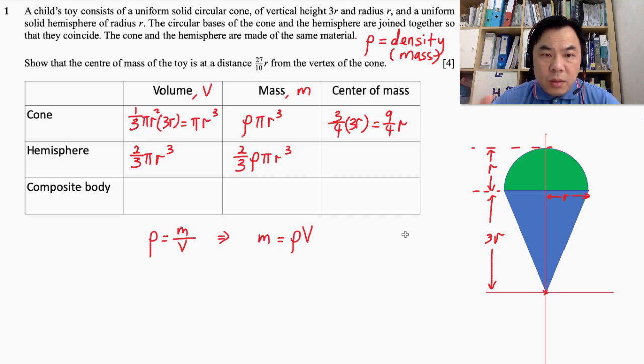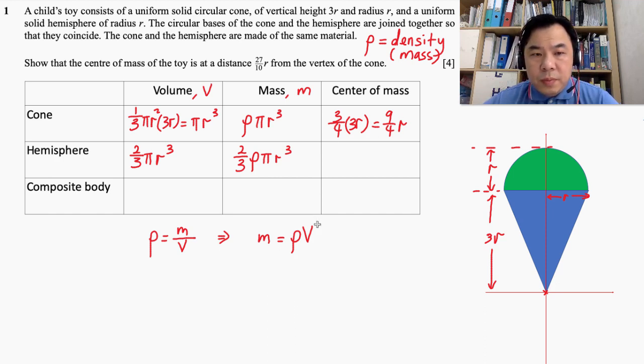All right, let's go back to the MF19 again. We are going to refer to the same section again. Now you can see that the center of mass of the hemisphere, measured from the center of the hemisphere, is located at 3/8. 3/8 from the center of the hemisphere.